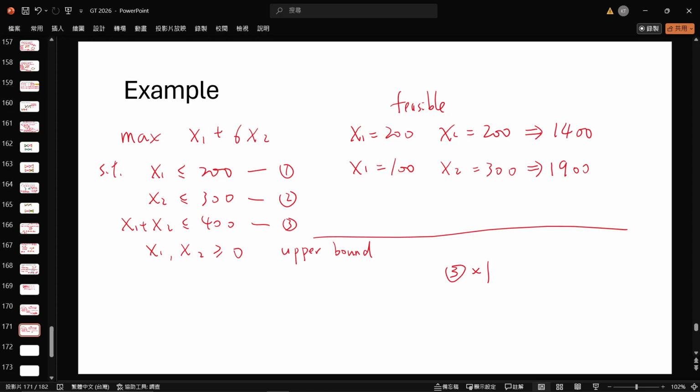Now, if I have one copy of the third constraint, I still have to add some x2, because the coefficient of x2 is 6. But now I only have 1 for x2, because this is 1 times the third constraint. So now in my weighted combination, the coefficient of x2 is just 1. To fix this, I can add 5 copies of constraint 2.